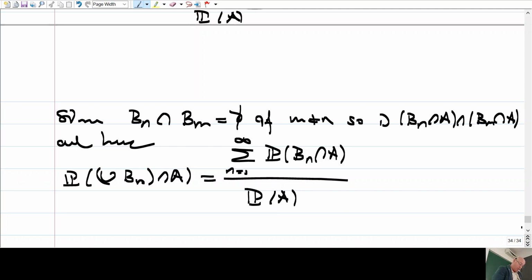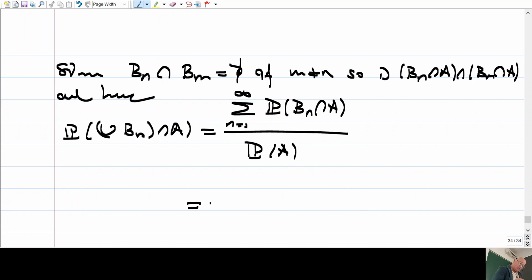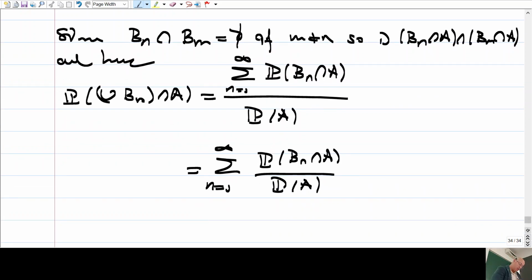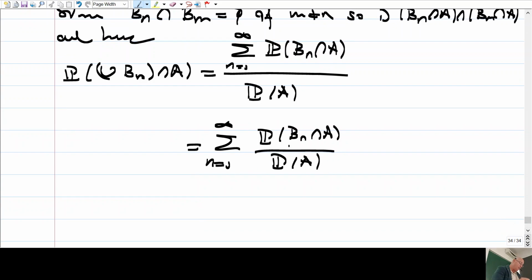And this is, of course, equal to what? I can write it this way: the sum from 1 to infinity of P of Bn intersection A divided by this. Right, this is a fixed positive number. I can take it inside the summation. And what is this?